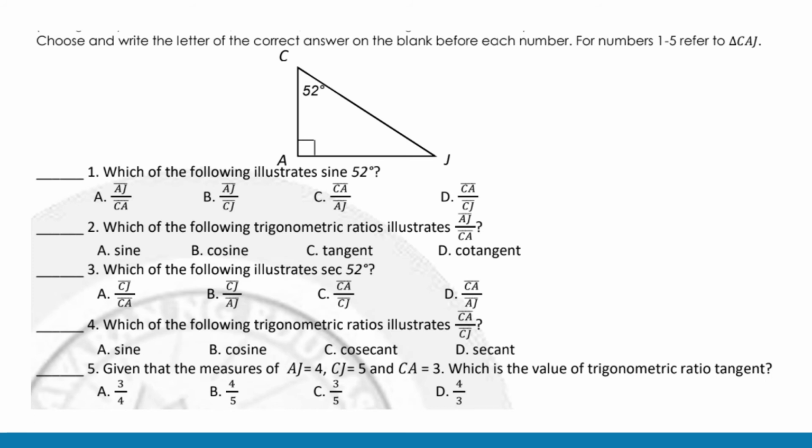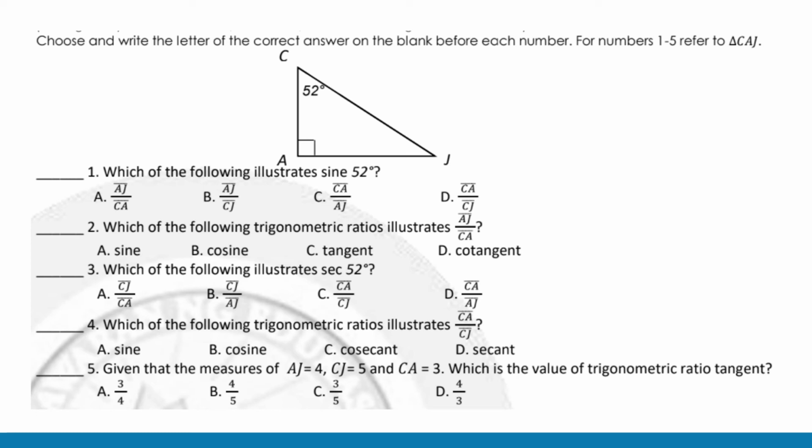For the assessment part, let us answer these 5 questions. Choose and write the letter of the correct answer on the blank before each number. For numbers 1 to 5, refer to triangle CAJ. Number 1, which of the following illustrates sine 52? To answer this question, let us first identify the 3 sides of a given triangle CAJ.